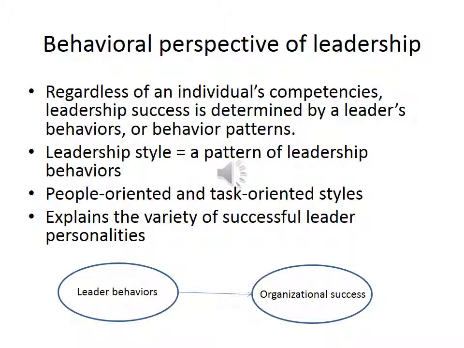Task-oriented styles are more focused on getting the job done, on meeting goals, and in a way sort of ignoring the emotional, interpersonal relationship aspect of leadership. Task-oriented leaders tend to be viewed as authoritarian. So we have two types of behaviors that are now defined. The self-assessment will do that.